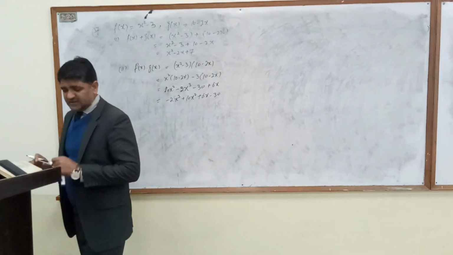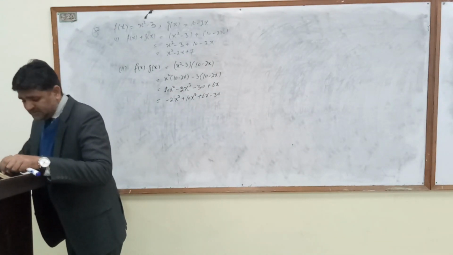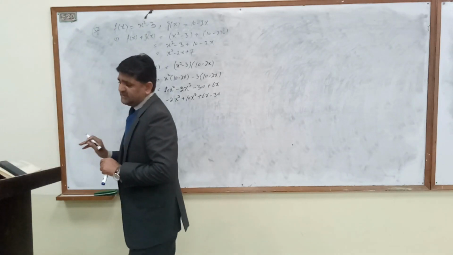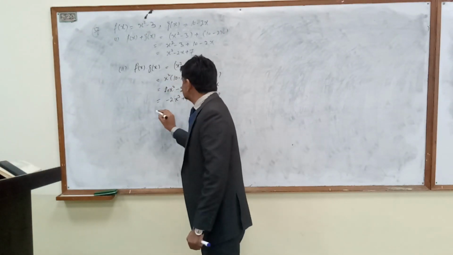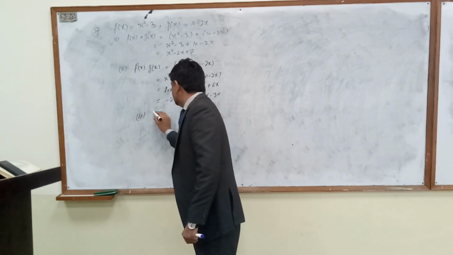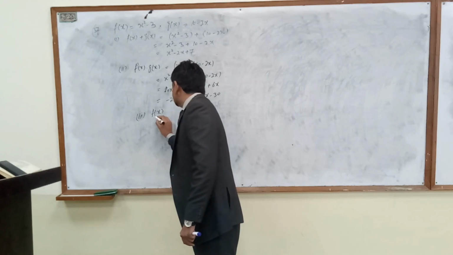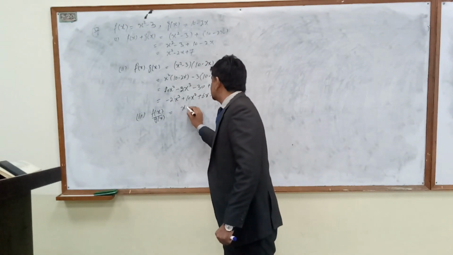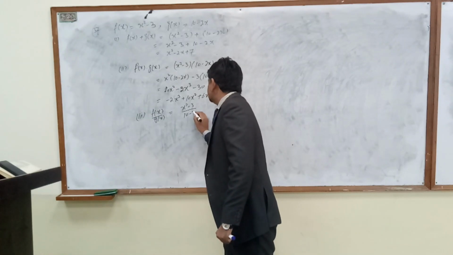After that, I think we have part C: f of x divided by g of x. In part C we have a rational function. So f of x is x square minus 3 divided by 10 minus 2x.